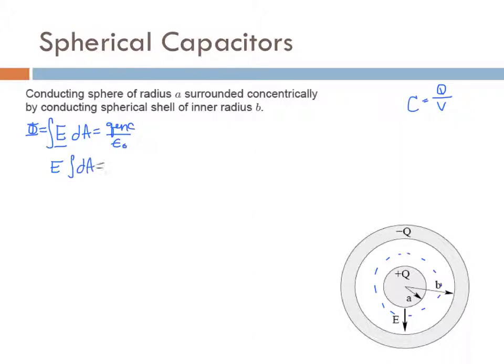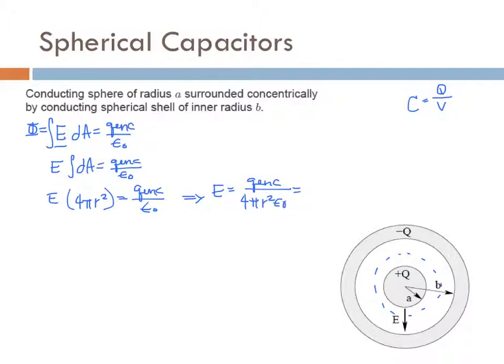And then my area is 4 pi r squared, the surface area of a sphere. Again, we've seen this calculation quite a few times before. So my electric field is simply Q enclosed over 4 pi r squared epsilon naught, or if you wanted to simplify, this would just be kQ over r squared.